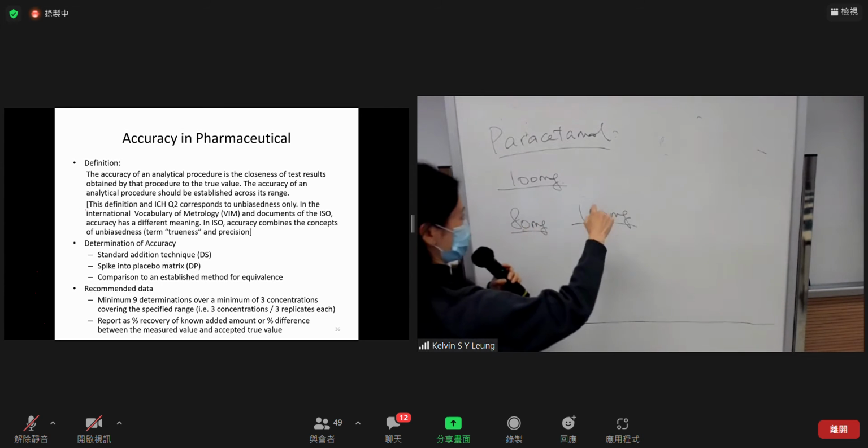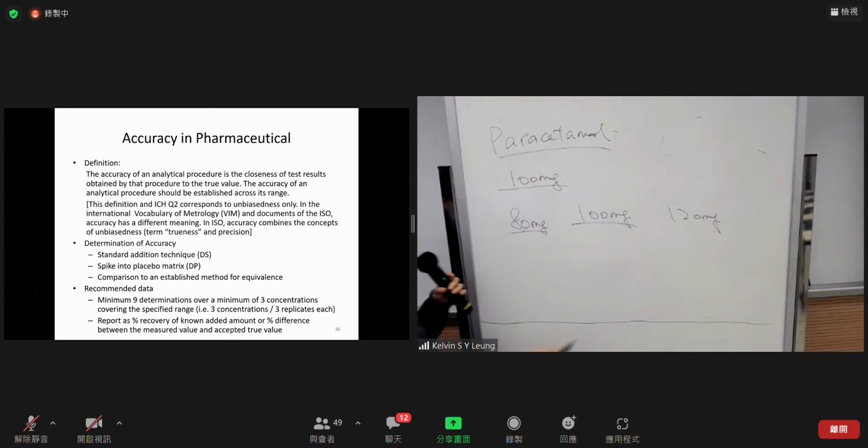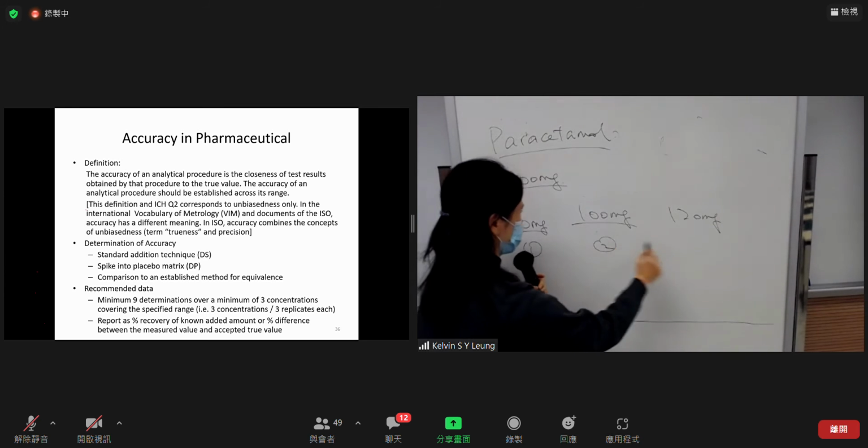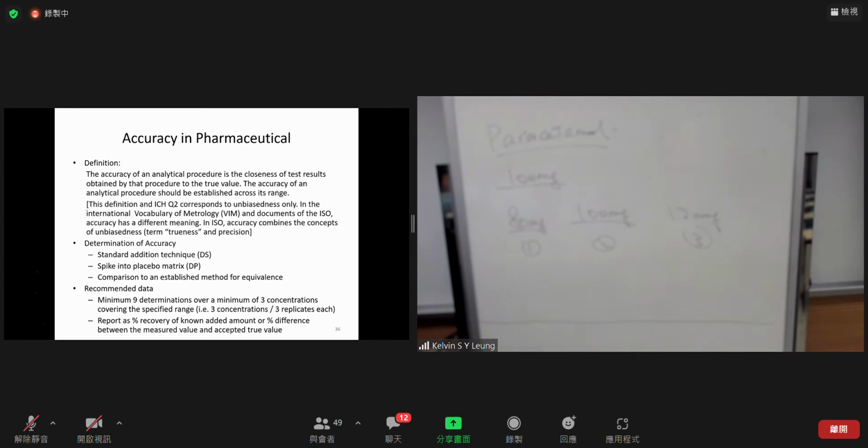And for the higher one will be 120 milligram. Okay, so suppose this is the 3 concentrations that we have to prepare in the accuracy method validations, and each of these 3 concentrations we have to do 3 times. Okay.